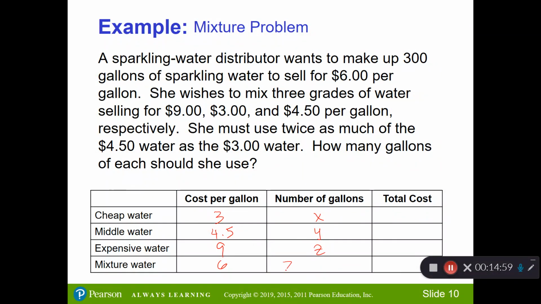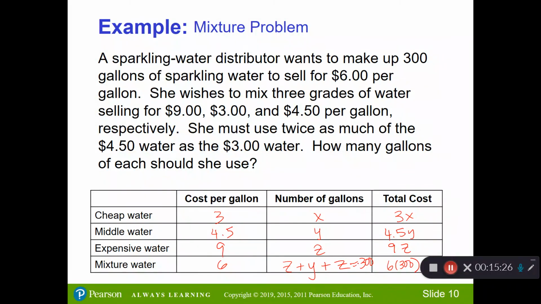So my total gallons in the mixture should be the sum of those. So I'm going to have 3 times X as the total cost for this water, 4.5 times Y as the total cost for this water, 9Z here, and then I know that the total cost that I want has to equal 300 gallons, so I'm going to have 6 times 300 as my total cost here.